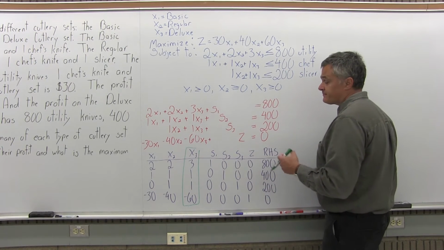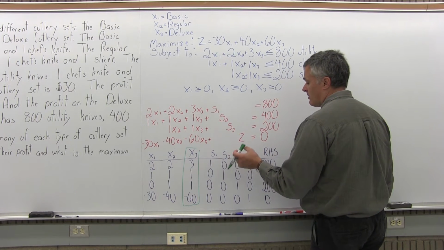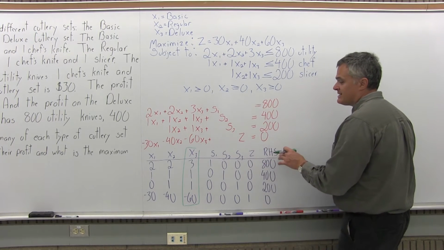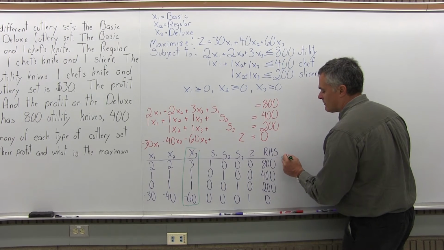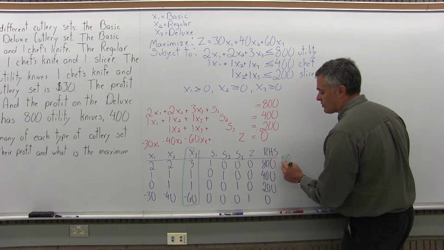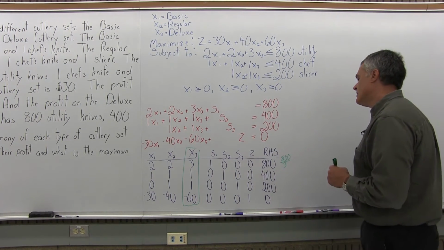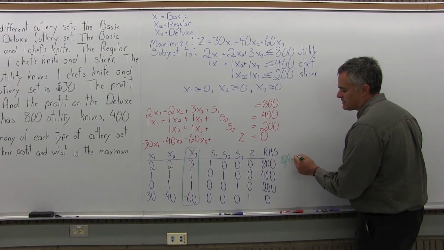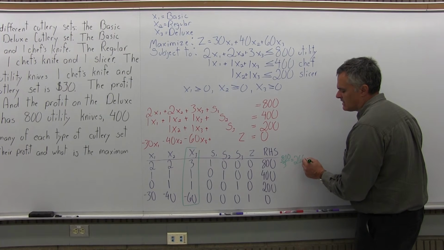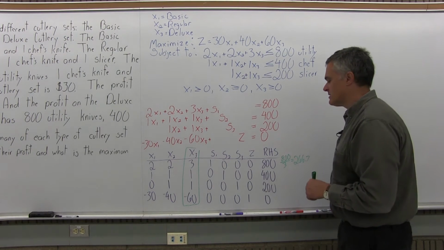So now, in the top row, that ratio of right-hand side value over pivot column value will be 800 for right-hand side value over 3 for pivot column value. So that's going to be 266.666666. I'll just round it to 267. That's close enough.